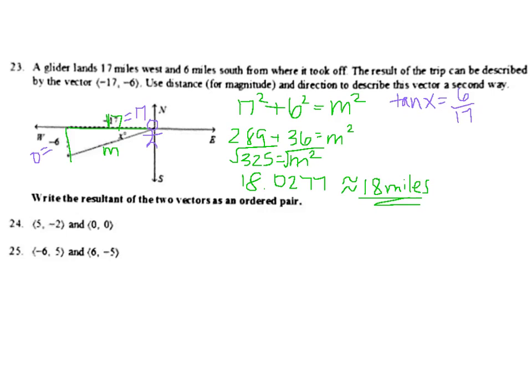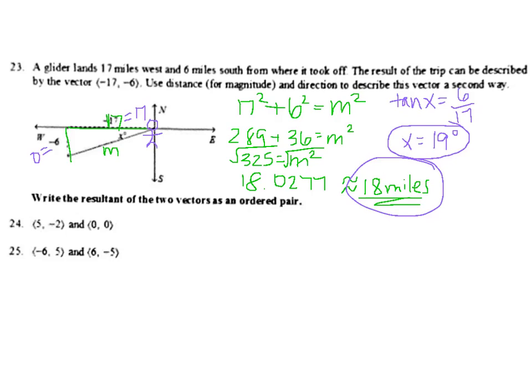And remember, you have to use second tangent to find this. So when I plug it into my calculator, I get that x is 19 degrees. And that's rounding to the nearest whole degree. It was 19.44, and I'm rounding it to the nearest whole degree.